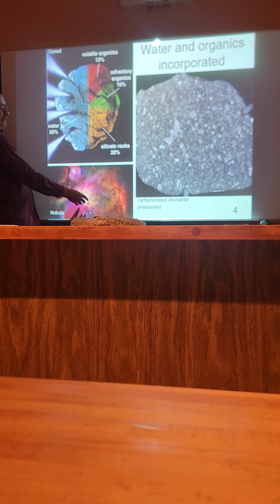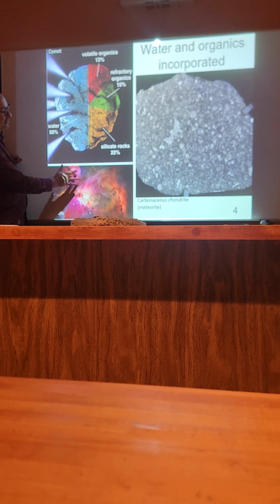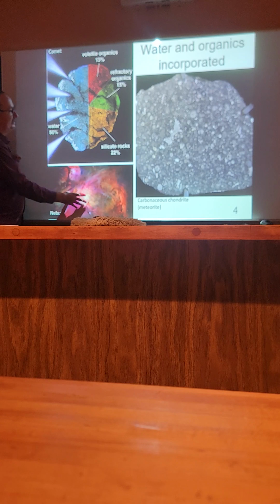And when you do that, you can see there's water in here, there's CO2, there's even some organic molecules that before astronomers found them in space, people thought only come from living organisms, like sugars, things like that. So organic molecules and all these other things have been found in nebulae.